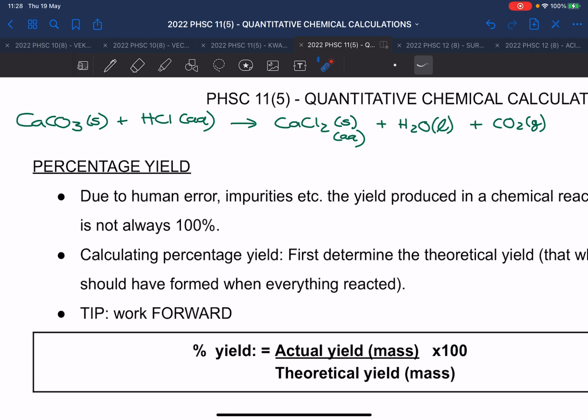All right. Then last thing, how do we test for carbon dioxide? How do you test if this gas is carbon dioxide? Water and lime water.